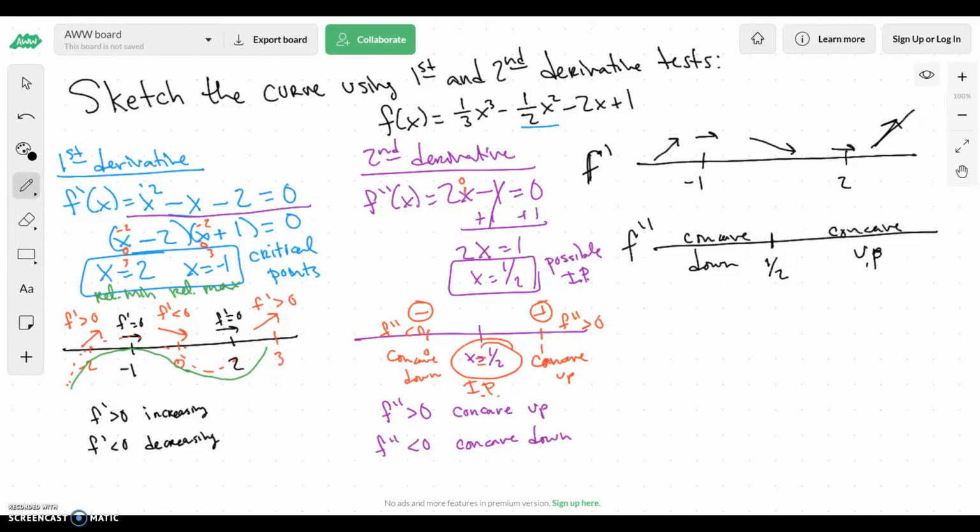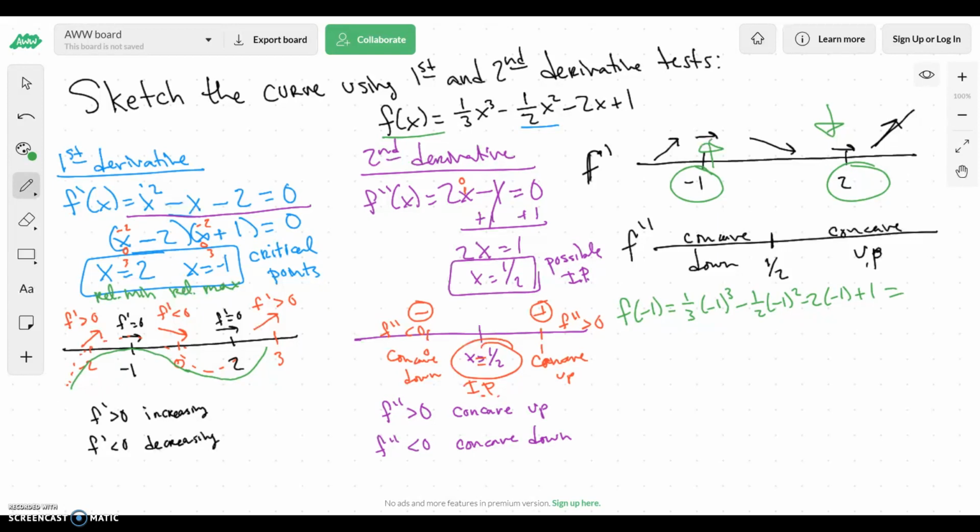Something that you can also do to make this graph a little more precise is plug in the values of x equals -1 and 2 to figure out how high this goes and how low this goes. So let me plug that into the original. I'm going to plug in f of -1 to see how high this is going to go. So 1/3 times -1 cubed minus 1/2 times -1 squared minus 2 times -1 plus 1. Okay, so let's see what that answer is.